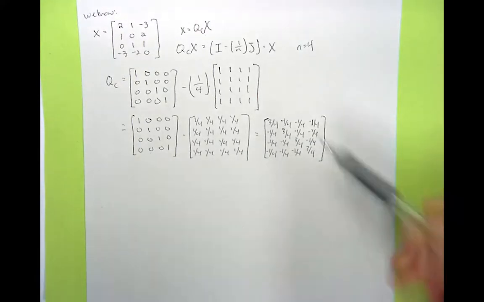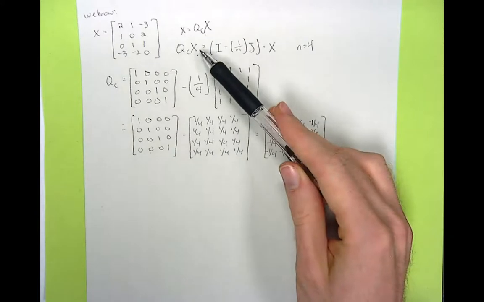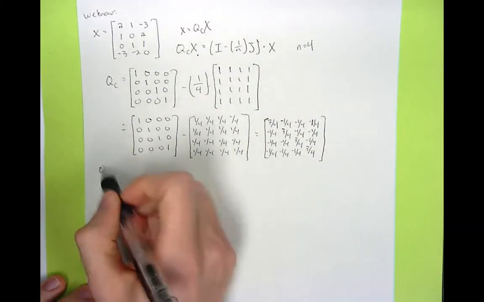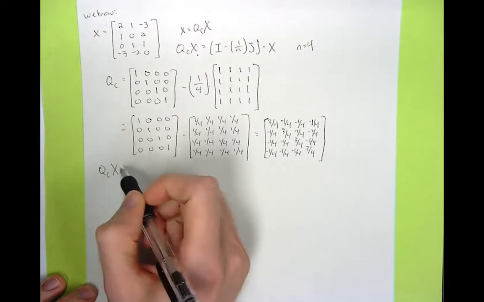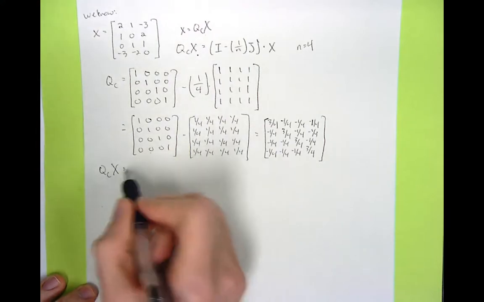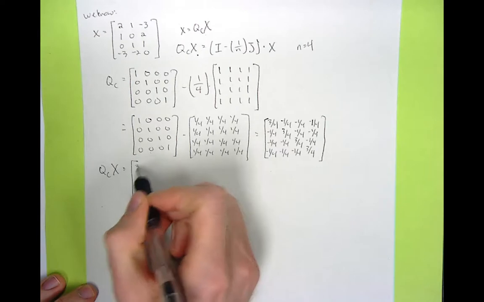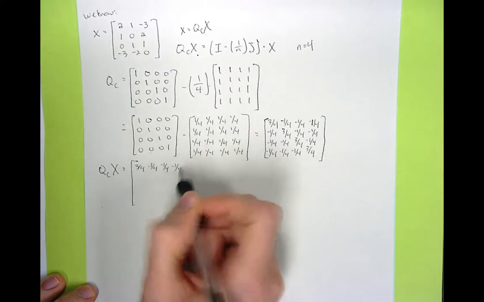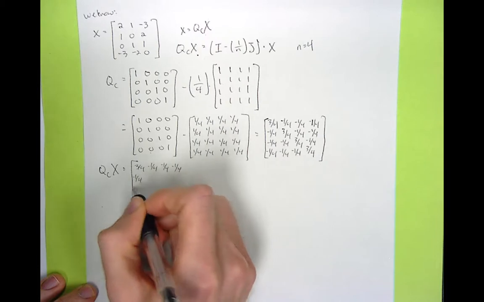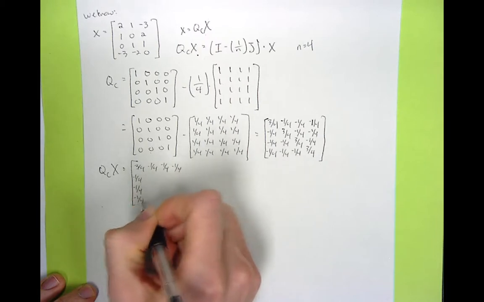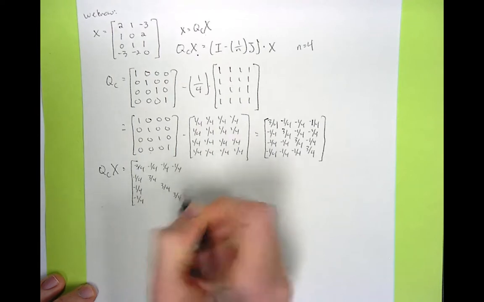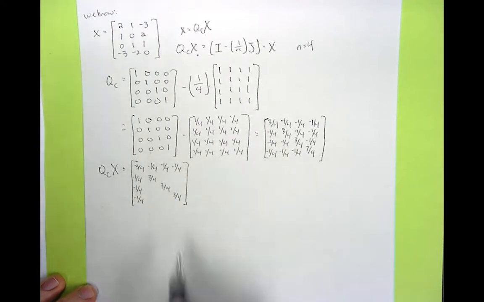So we need to multiply the raw data x by that. So centering matrix times x equals, and I won't write it out fully this time. I'm just going to show on the diagonals we've got 3/4, and everywhere else we have minus 1/4.